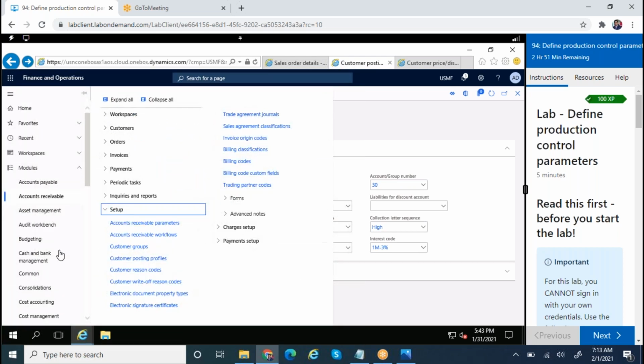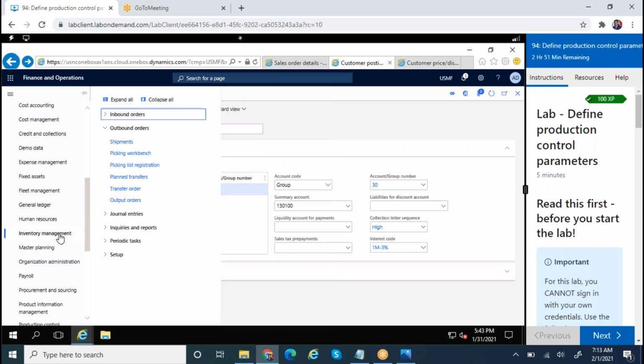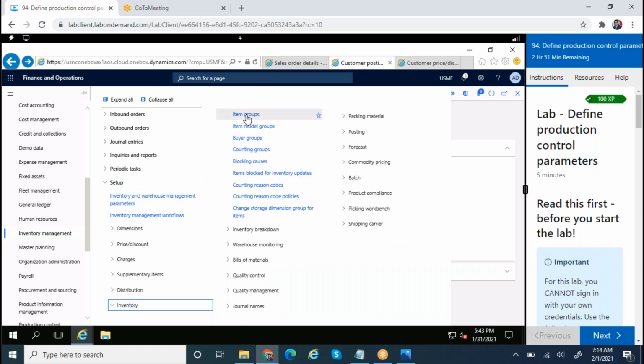Now another one is item group. It is in inventory management, inventory management setup, inventory item groups.